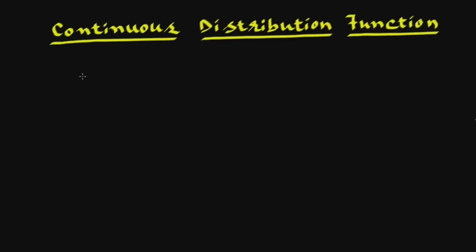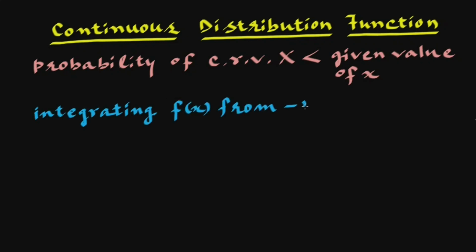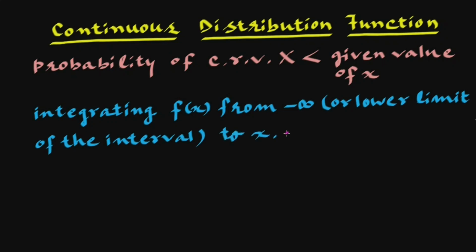Next we will study the continuous distribution function, which comes into play when we need to know the probability that the continuous random variable x is less than a given value of x. This probability is obtained by integrating f(x) from minus infinity, or the lower limit of the interval, to x, and the function so obtained is called the distribution function, denoted by capital F(x).